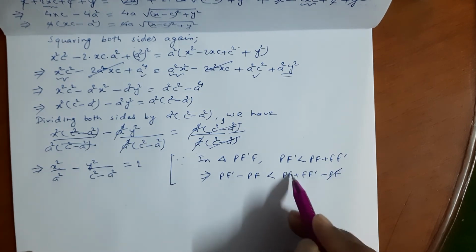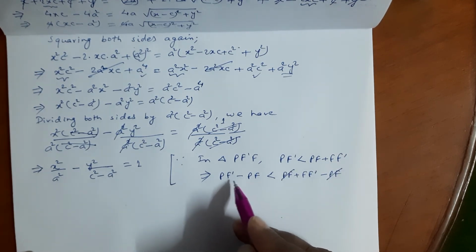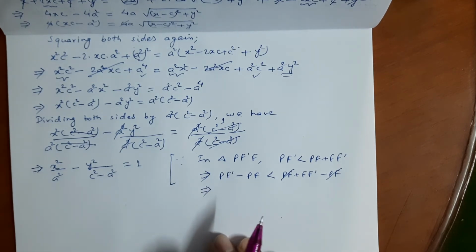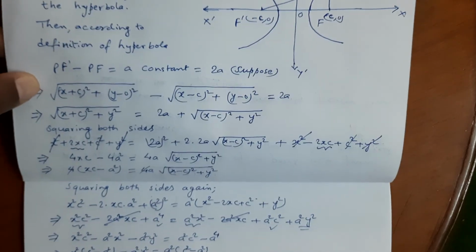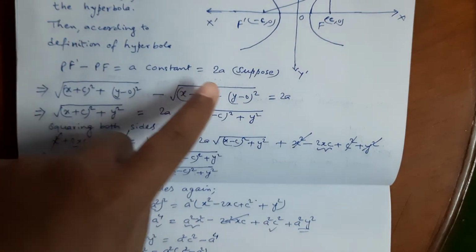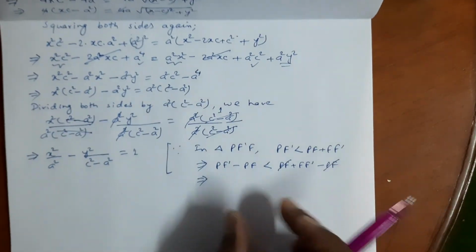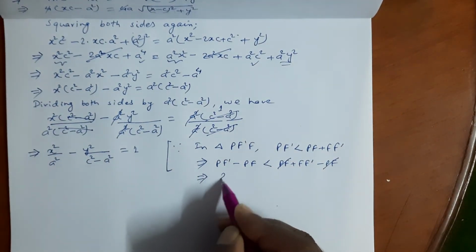So here this can be cancelled. So PF dash minus PF, that is a constant, and we have supposed that constant to be 2a. So PF dash minus PF equals 2a.